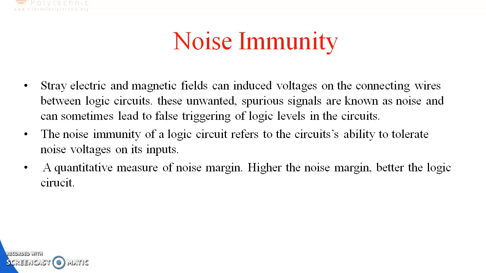The noise immunity of a logic circuit refers to the circuit's ability to tolerate noise voltages on its input. A quantitative measure is the noise margin. The higher the noise margin, the better the logic circuit. So noise immunity is also known as noise margin. The noise margin is the maximum noise voltage added to the input of a digital circuit that does not change the binary state of the output unnecessarily.